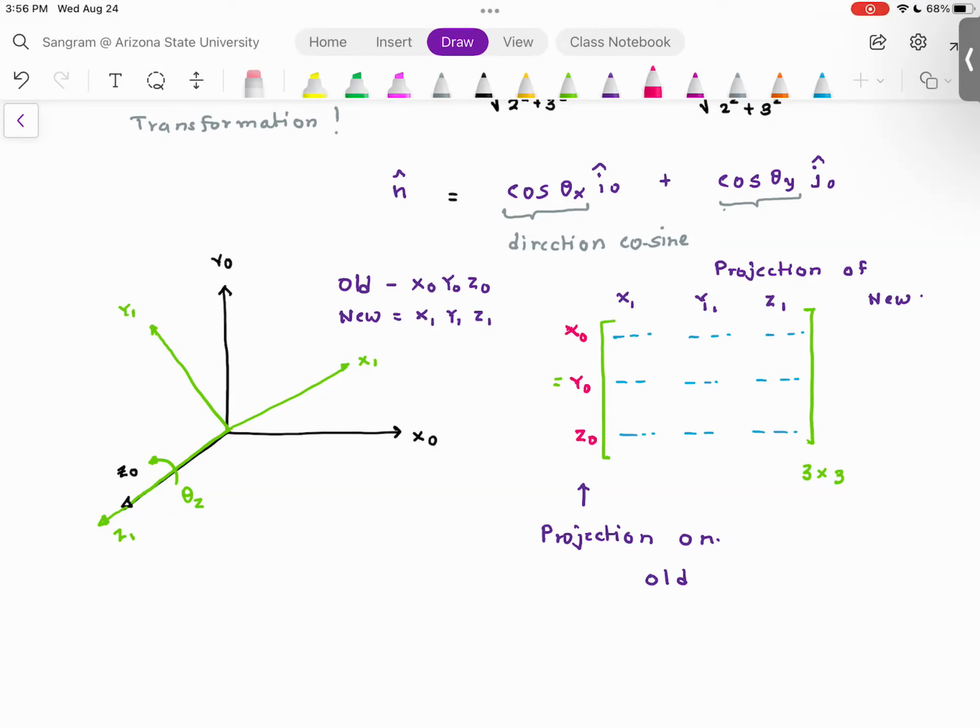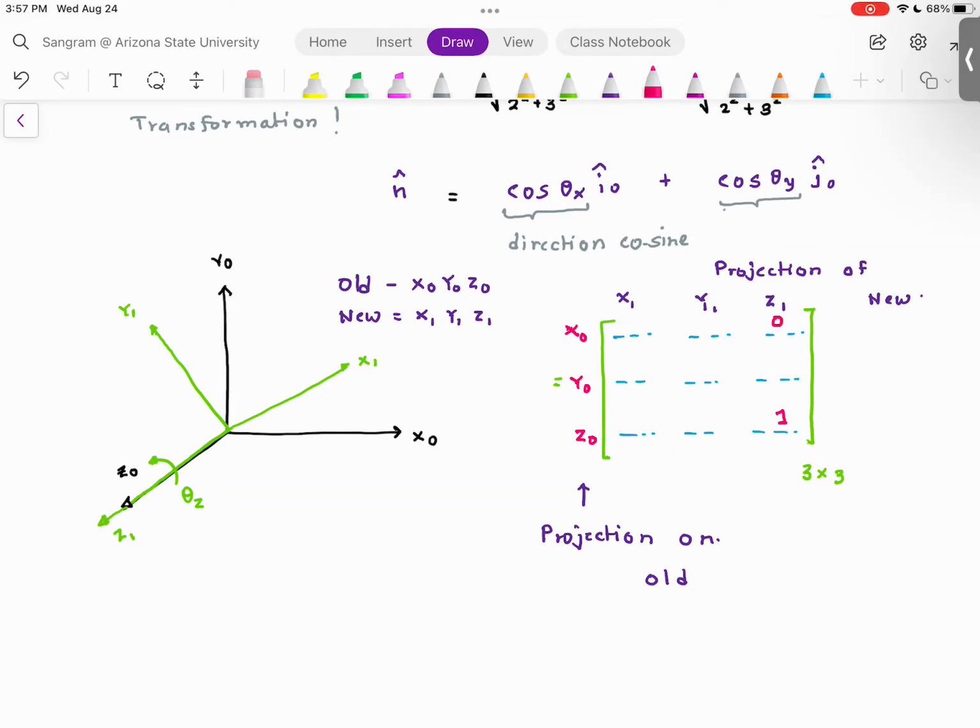Let's start with the easiest part. z1. What is the projection of z1 on z0? 1. Right? They're aligned. What is the projection of z1 on x0?